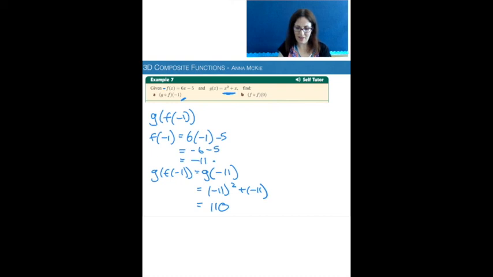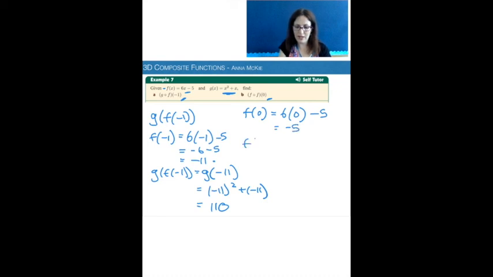Okay, and then the second part here, f of f of 0. That's okay, you're taking the function of f and redoing it again. That's not a problem. First of all, let's work out f of 0. So using our f function, we have got 6 times 0, subtract 5.